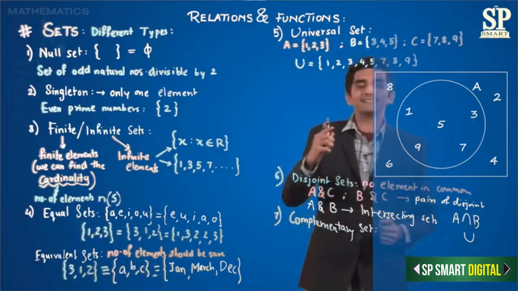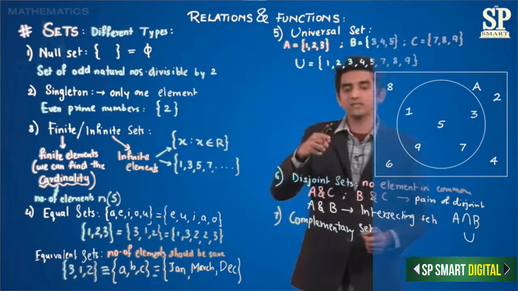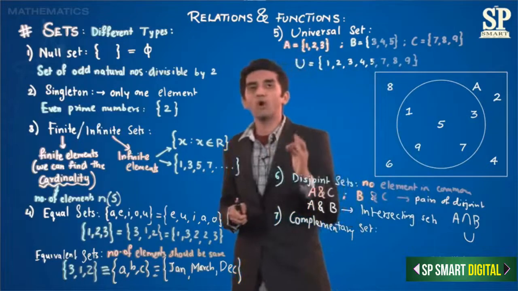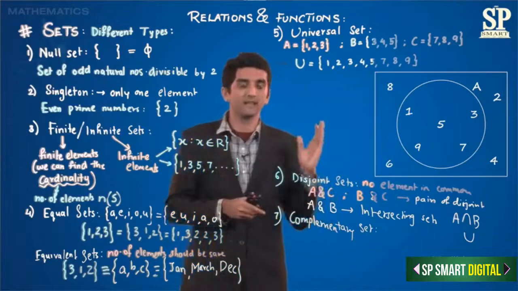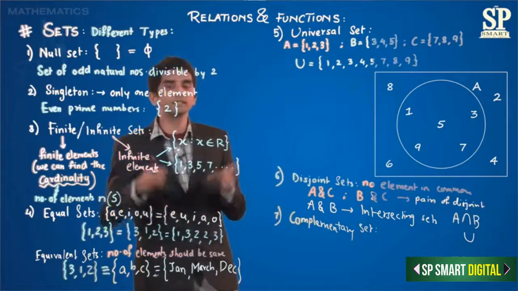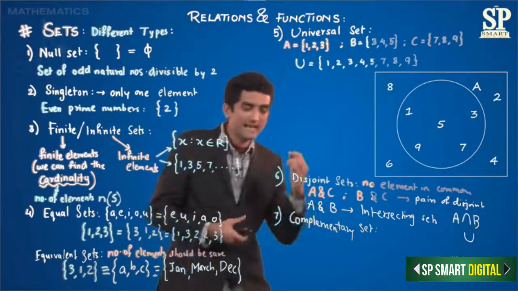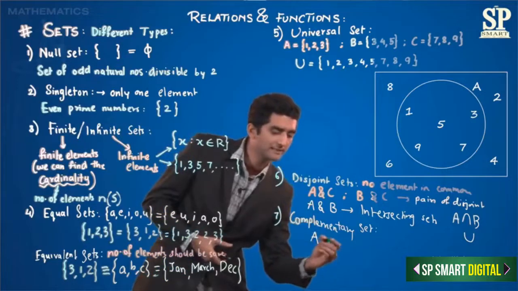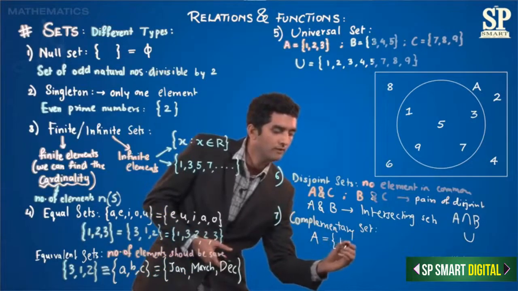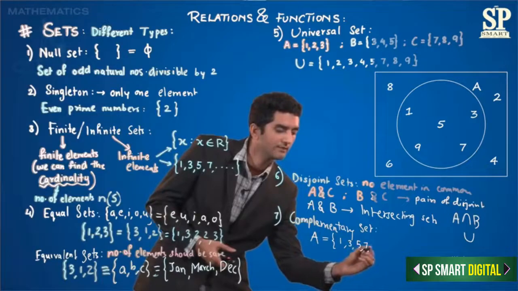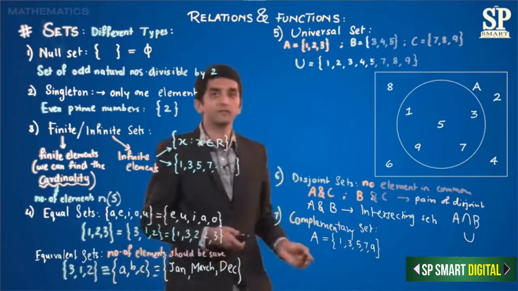Now there is a set inside this which is a set of odd natural numbers less than 10. So basically what I'm talking about is 1, 3, 5, 7 and 9. Let that be defined by the set A: 1, 3, 5, 7, 9. I have written it in the roster form.